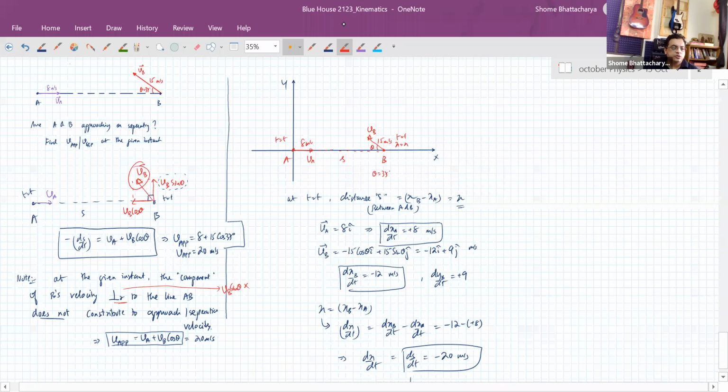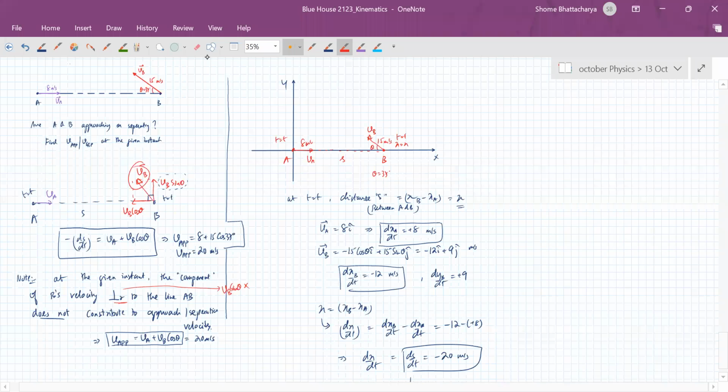So just make a careful note of this concept. Now this approach and separation velocity concept becomes important not only for solving kinematics problems, but also for solving certain other types of situations in physics like constraint relations, etc.